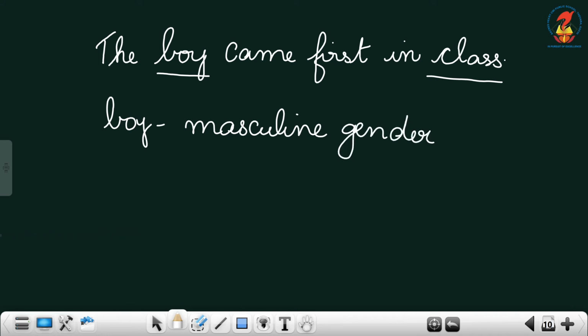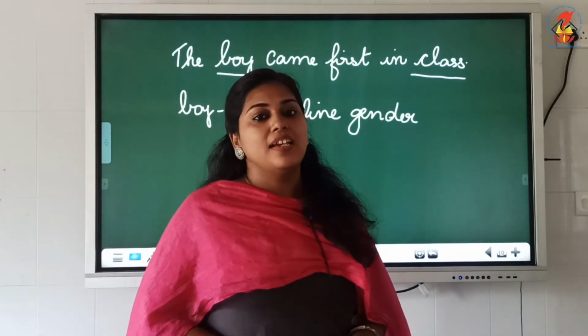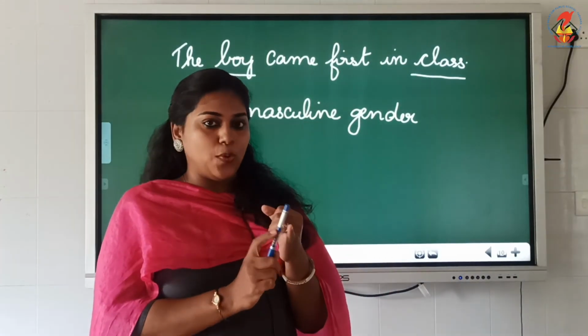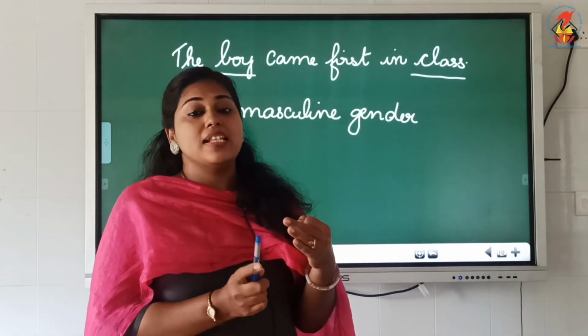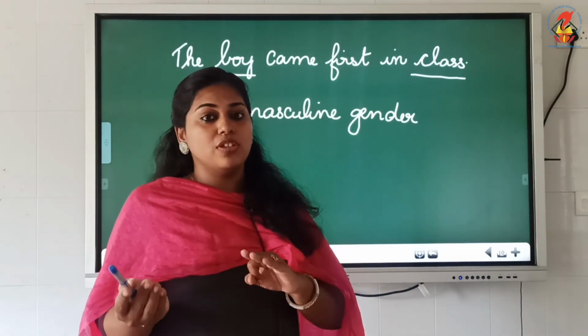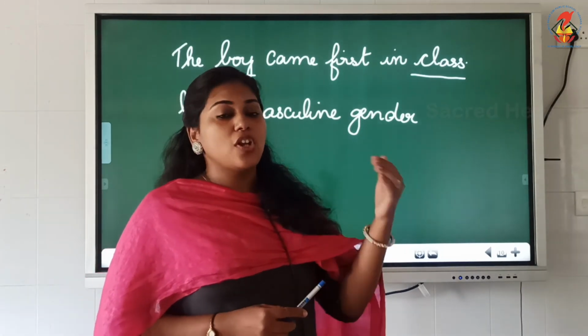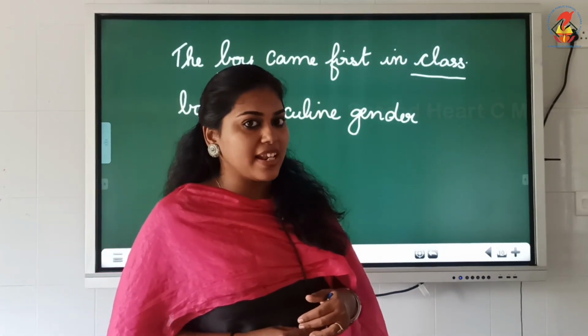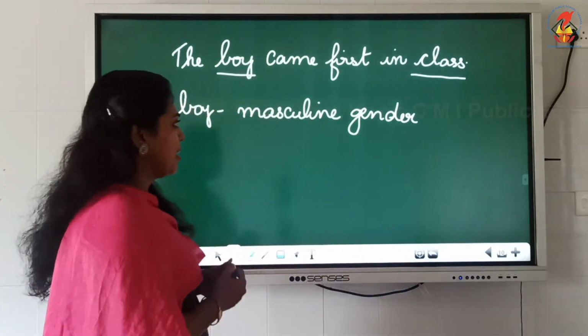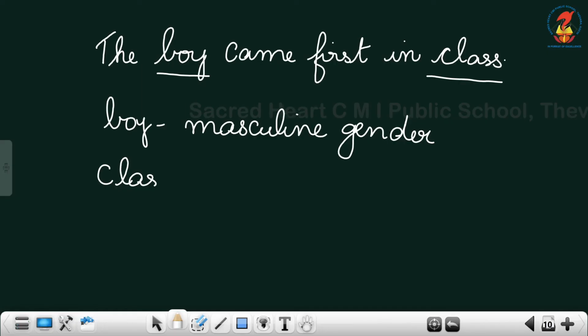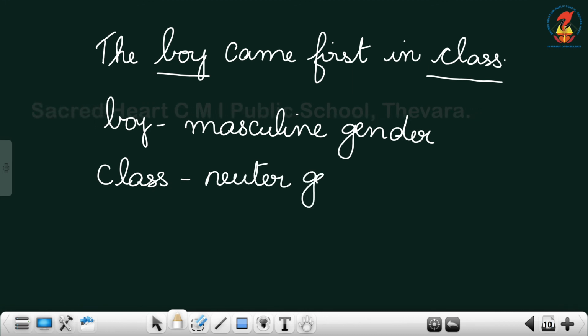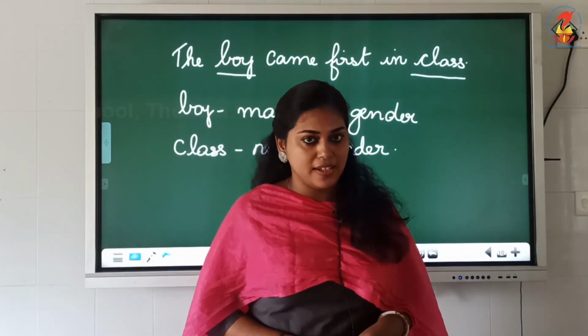Then class. Class will come under which category? Is it a male version? No. Is it a female version? No. Is it a common which can be both male or female? No. It's a non-living thing, right? So non-living things will come under which category? Neuter gender. Exactly. So class will come under neuter gender. So this is the other type of question that you can expect for the exam.